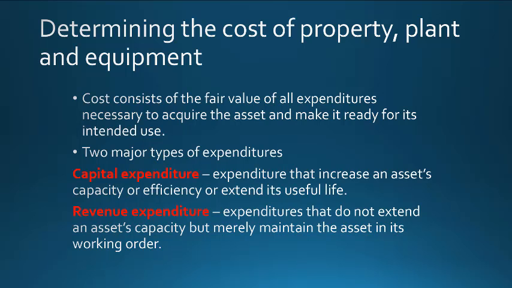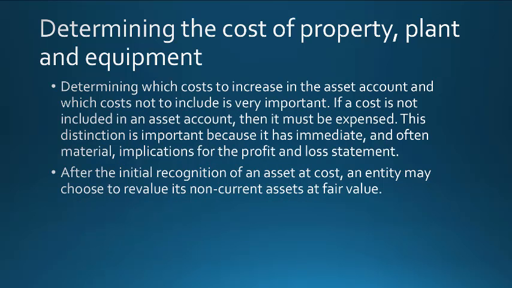In determining which cost to add to the asset account and which cost not to include is very important, because if it is capitalized, it will add to the asset and the expense will be allocated across periods. While if it is charged as an expense or revenue expenditure, it will be an outright expense.